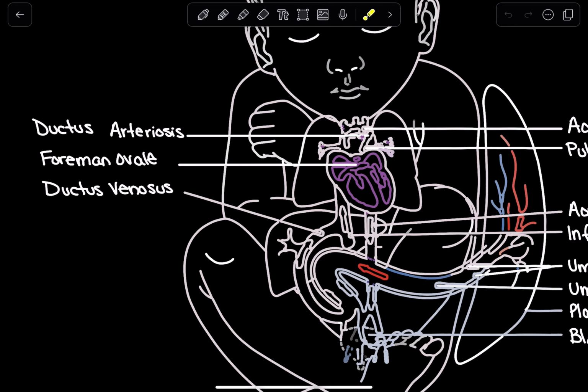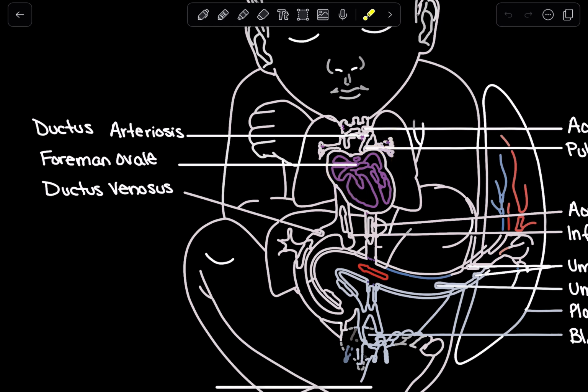Now, in normal human blood circulation, we know that when blood enters through the inferior vena cava, it will then enter the right atrium. In regular human heart circulation, when you're in the right atrium, you go towards the right ventricle, and then you're pumped through and you go to the pulmonary artery and you go to the lungs to get oxygenated.